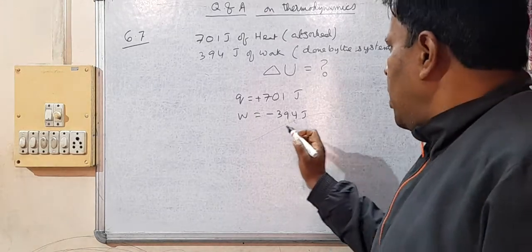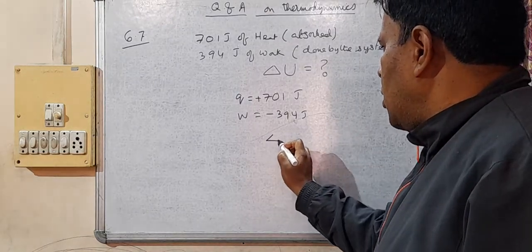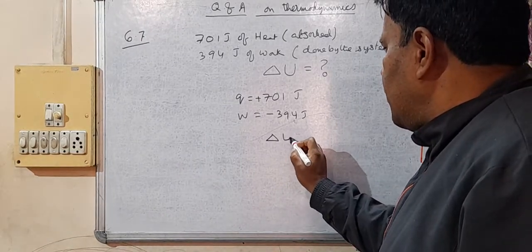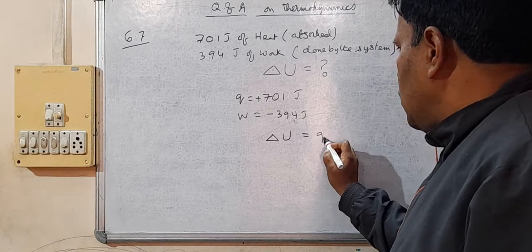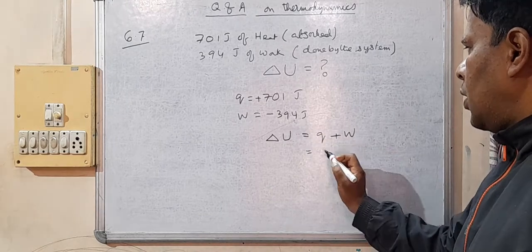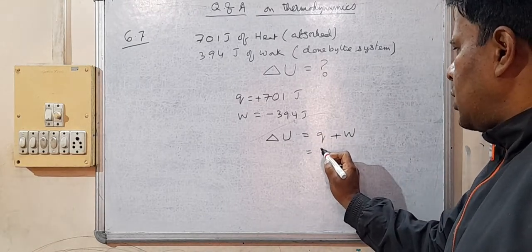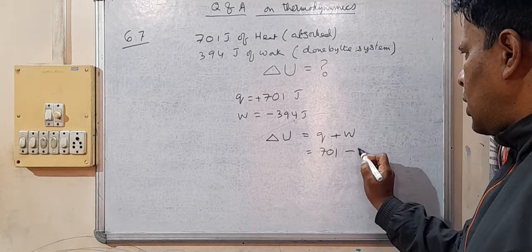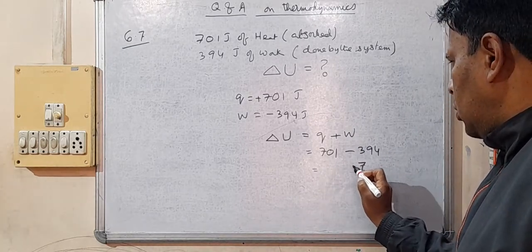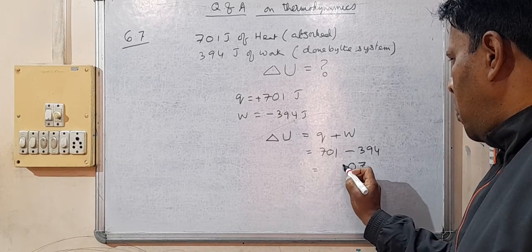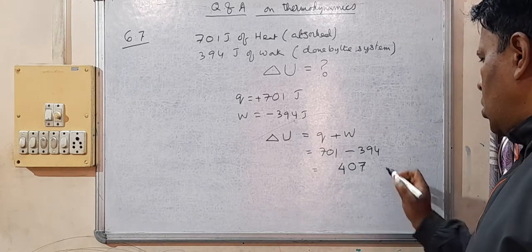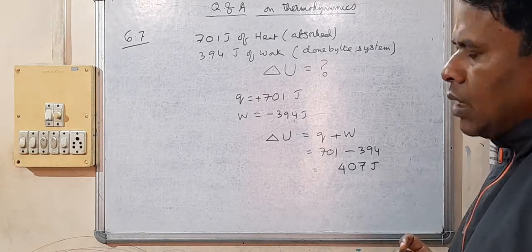And remembering the relation for first law of thermodynamics, we know delta U is equal to Q plus W, and putting the value of these quantities, 701 minus 394. This much joules will be the answer.